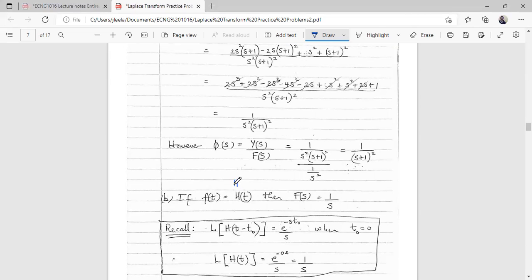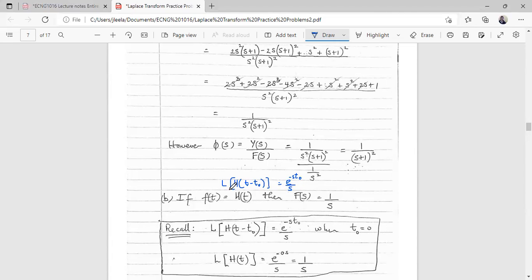let me just write this here, h t minus t naught. The Laplace of that is e to the minus s t naught over s.